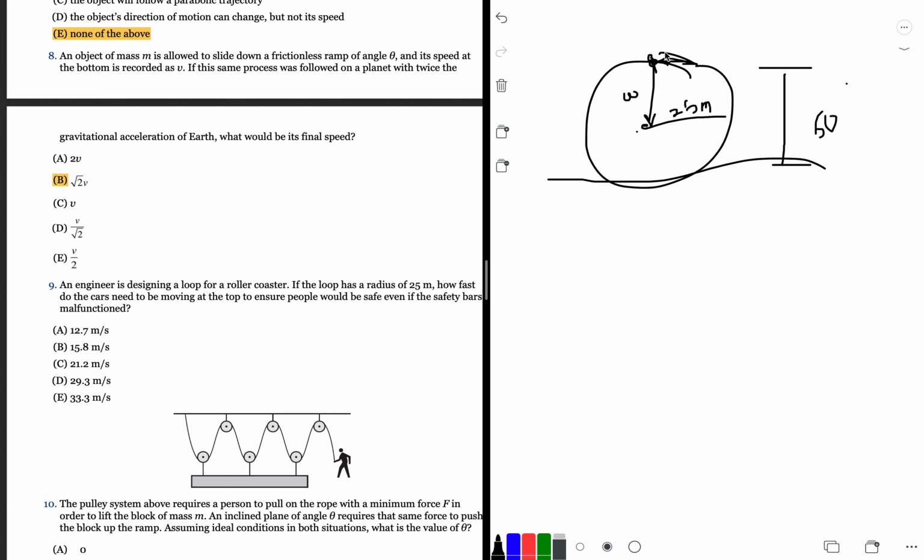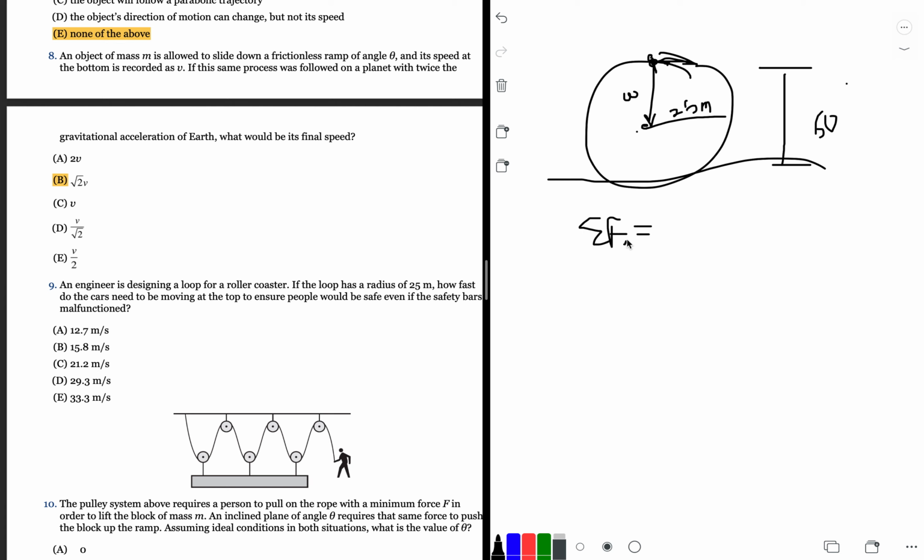And that's actually the centripetal force. So at the top, the net force in the y direction is equal to mv squared over r, which is equal to mg. The m's cancel.